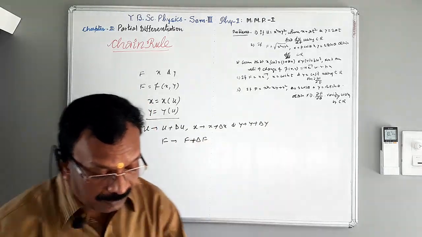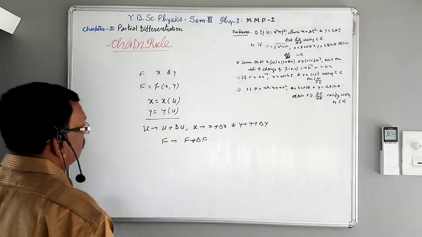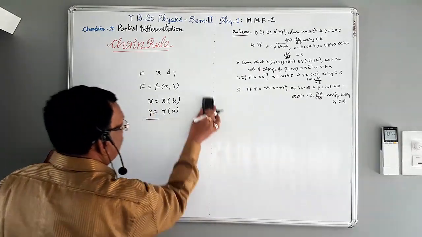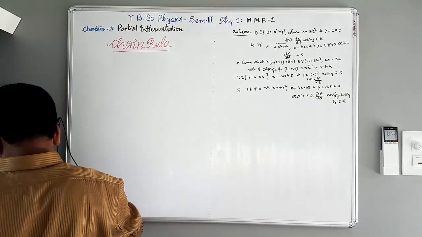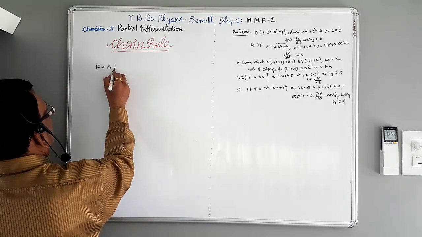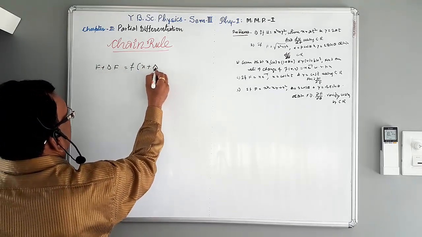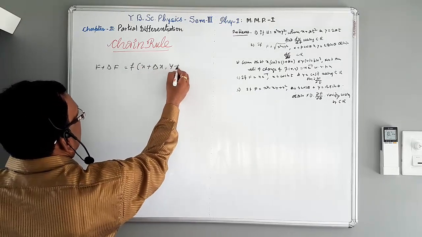Now this can be written in a standard format by the usual method: f plus delta f is equal to f of x plus delta x comma y plus delta y.